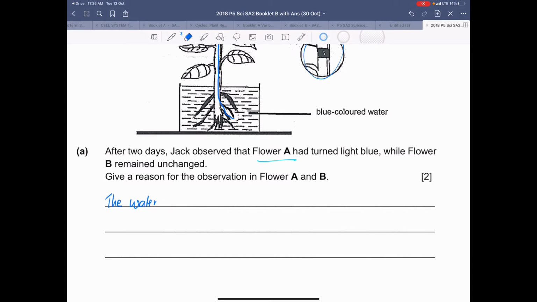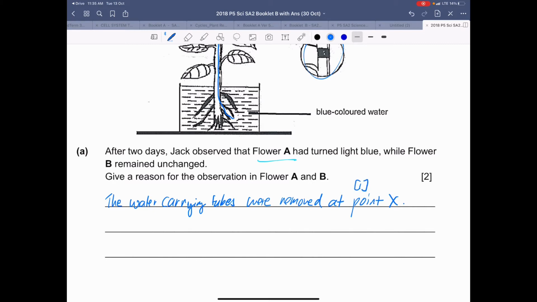Yes, actually you cannot remove the water carrying tubes without removing the food carrying tubes because the food carrying tubes are on the outside. Were removed or were cut. Are you allowed to write xylem? Yes. At point X. Okay, so 1 mark for telling me that.